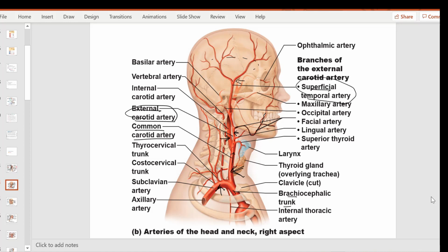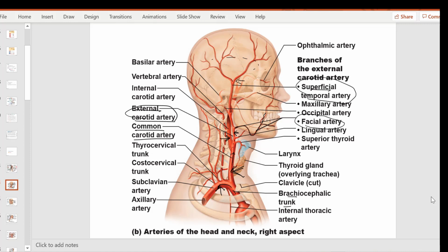So those are the branches of the external carotid, and they supply blood to the skin, scalp, the muscles of the head and face, right? And also to the bones. Then internal carotid mainly supplies blood to the brain. Okay, now we'll see the subclavian.